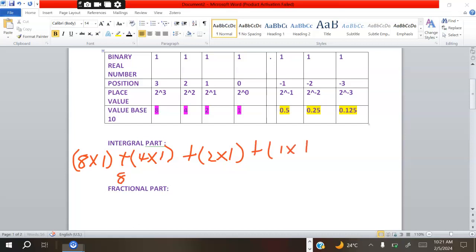This is 8 plus 4 plus 2 plus 1, which gives us a total of 15.